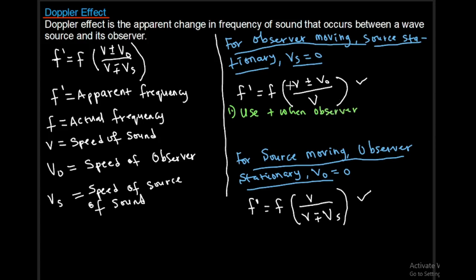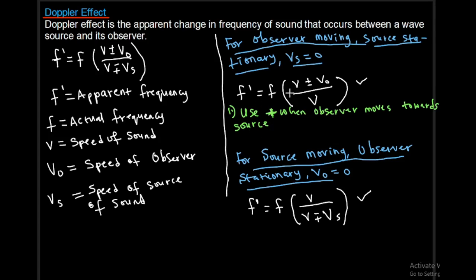Don't forget this is a case of observer moving and source stationary, so we use the plus sign. We use plus when the observer is moving towards the source.